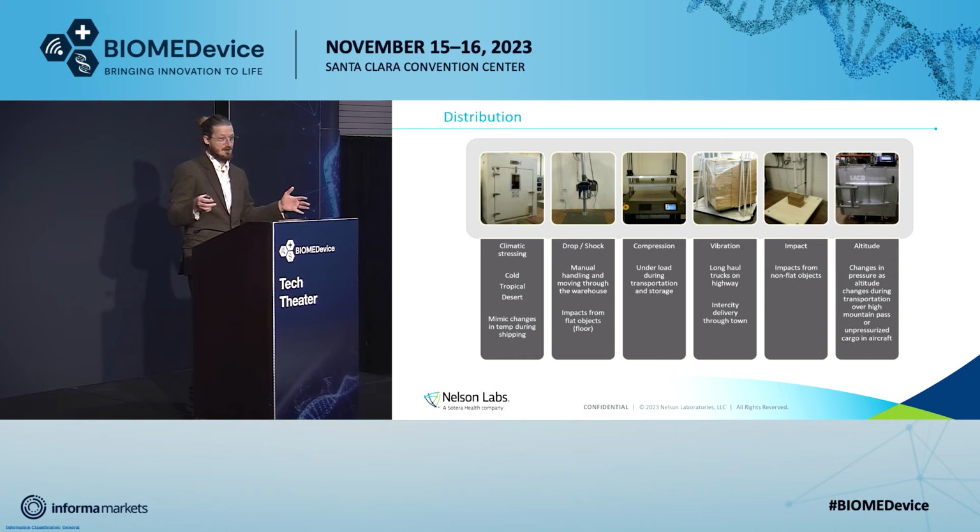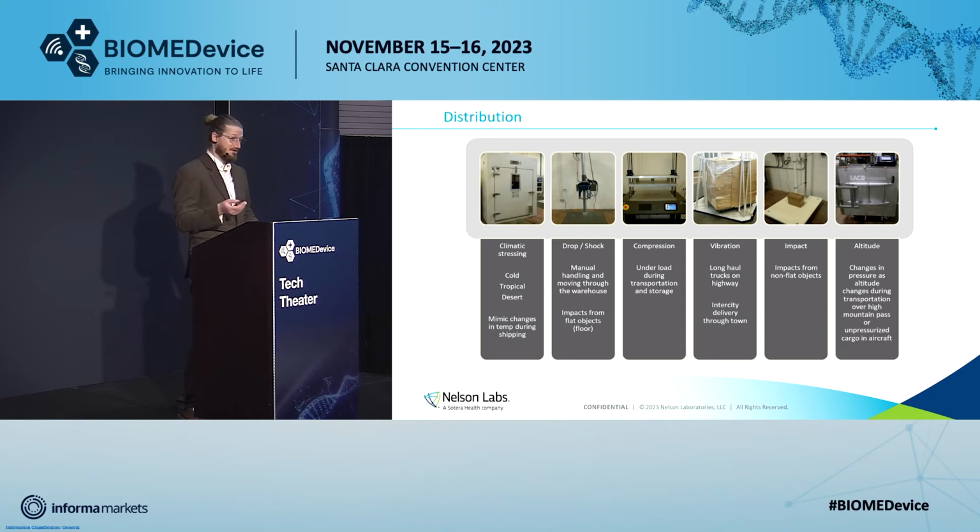So if you're a corrugated shipper going through like the swamps of Florida and it's really humid, that will certainly impact the performance of your shipper. It might absorb all that moisture. It may not be as resistant to those compressive forces and lead to failures, right? So that's why we use that climatic stressing to evaluate it.